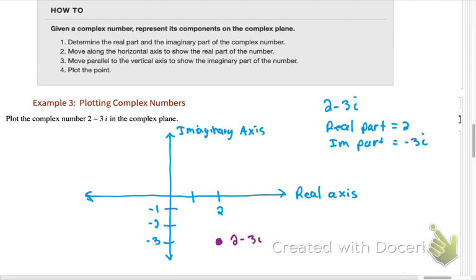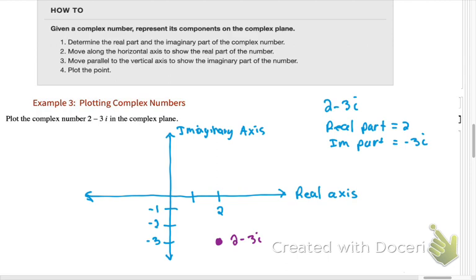And that would be how we visualize our complex number 2 minus 3i. So basically, you can just think of the real part and the imaginary part as horizontal and vertical coordinates, just like if you were plotting a point on the graph of a function. You'd have your x coordinate and your y coordinate.